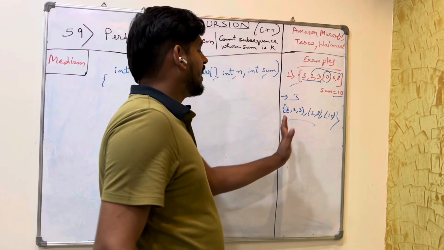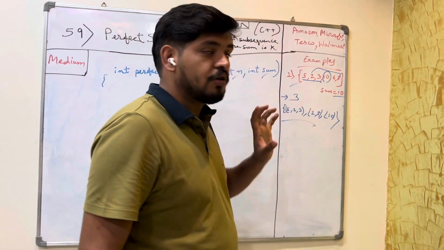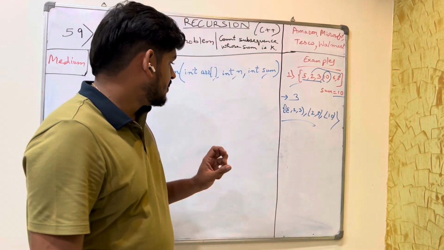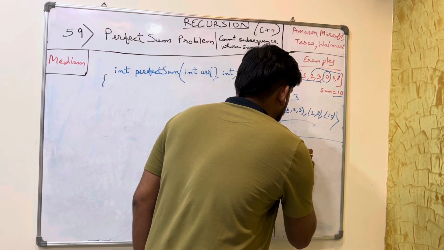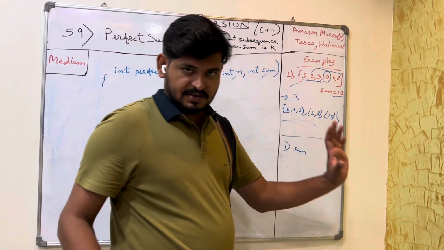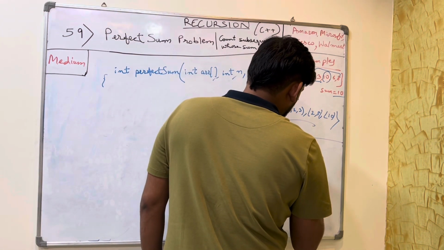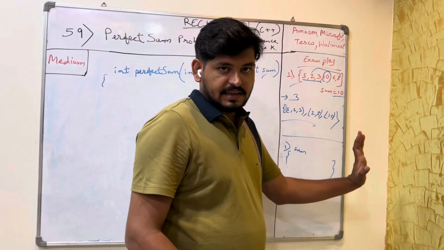So we need to find these subsequences and give the count of the number of subsequences whose sum is k. In the first two problems of recursion, firstly we found the sum of all the different subsets, so we wrote all the possible sums of the subsets in an array.